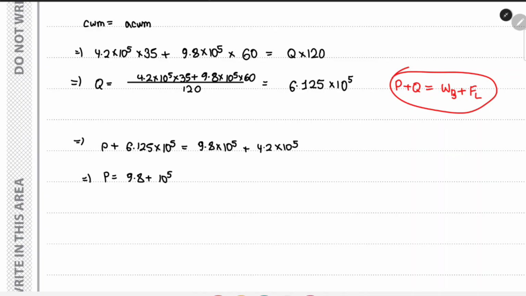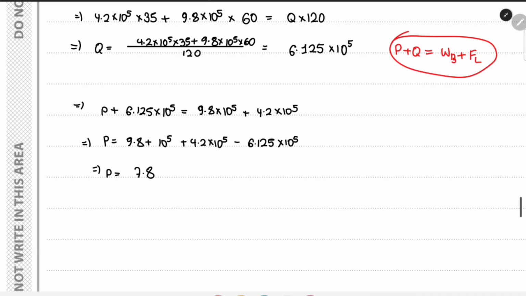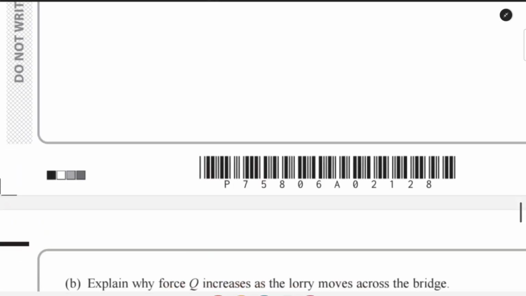Rearrange this, and then we get the value of P, which is 7.875 × 10^5 newtons. That's the value of P and Q.